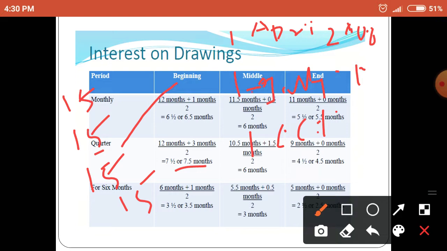If the middle of each quarter is given, you have to consider the average period of 6 months. And end of each quarter means 30th April, 31st July, 31st October. If a partner withdraws some amount, you have to consider the average period of 4.5 months.